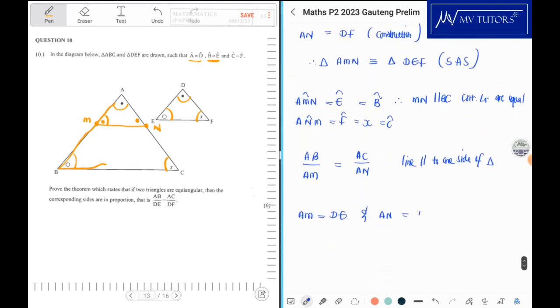We already talked about it with the construction. So at the end, we can then conclude that AB over DE is equal to AC over DF, and we are done. Okay, and that is your 6 marks.